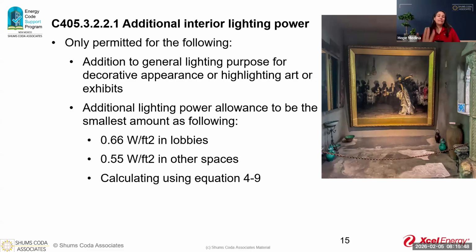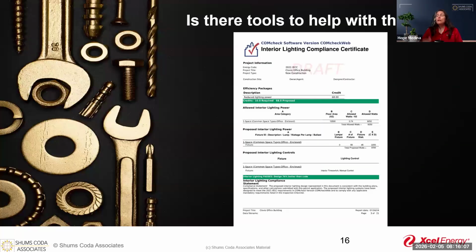They're allowing for additional lighting to be utilized in those particular areas. So here are the values that go into that to be able to calculate the additional lighting that you get for it.